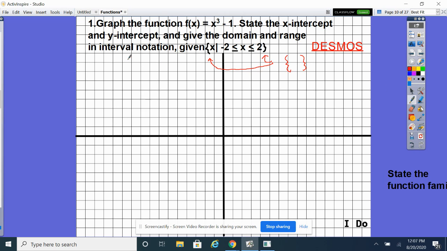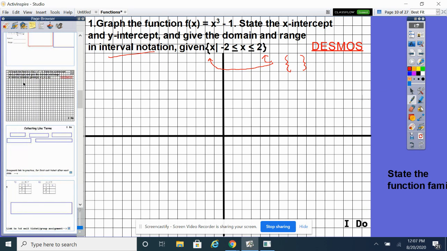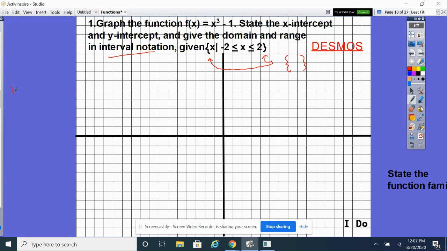So first off, if we want to go to interval notation, here's what the domain and range is going to look like. D for domain, R for range. We have a closed dot. We said that was a bracket for interval notation. That would be an arrow with a line underneath it, meaning less than or equal to for set notation.